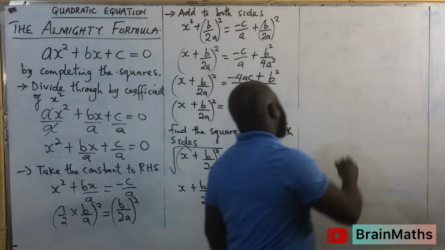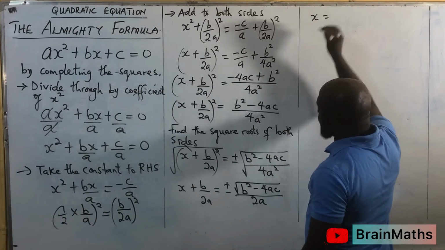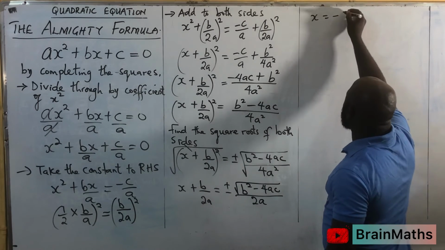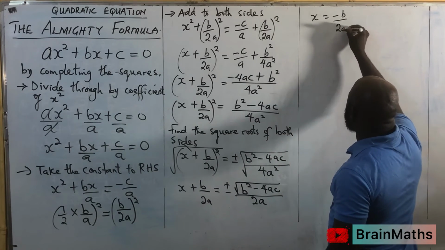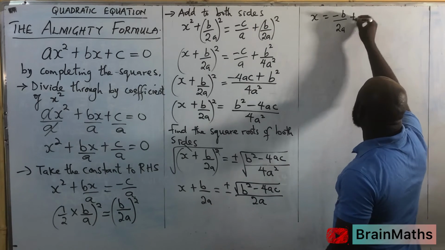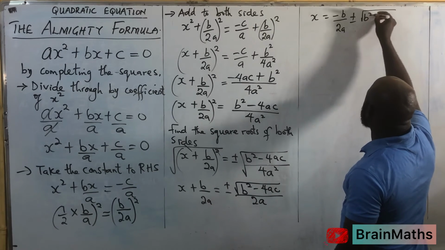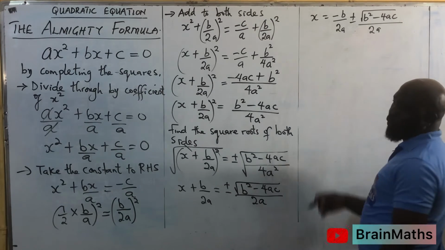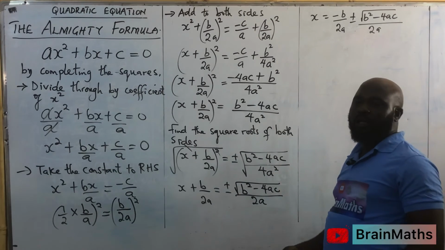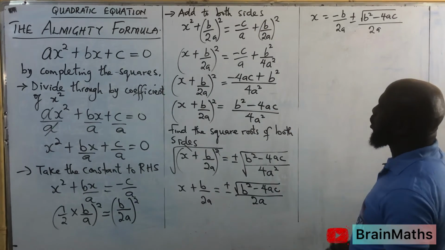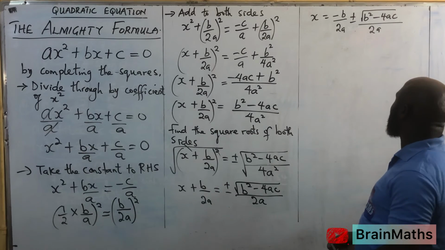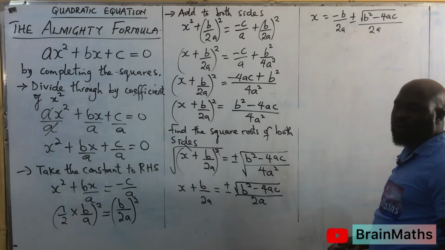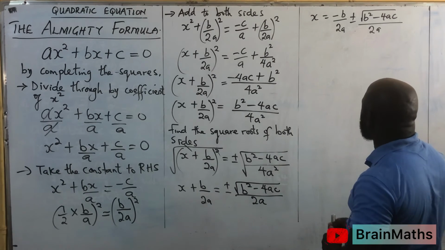So that is going to lead us to x equals, this positive b over 2a will become minus b over 2a, plus or minus the square root of b squared minus 4ac all over 2a. If you don't forget, when I was treating the quadratic equation by completing the square method, I said when you get to this point and you are not having the same denominators, it means your solution is wrong.